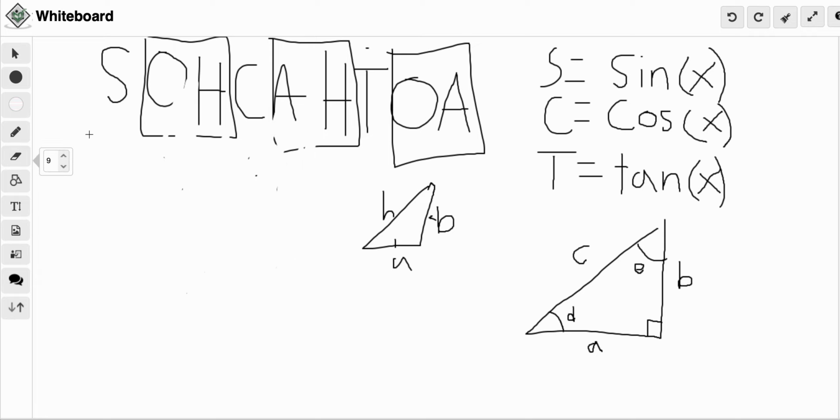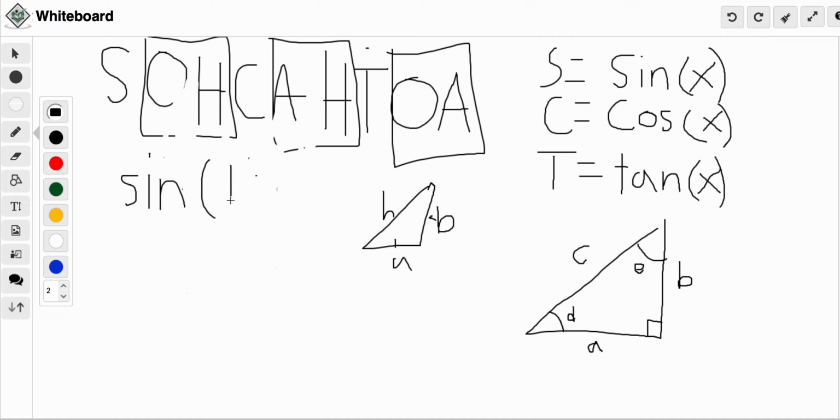Okay, so now let's look at what it means if I take the sine of angle D. Oh yes, and the input that we are giving to each of these trigonometric functions, such as sine, cosine, tangent, and other functions that you will learn in a separate video, has to be either a degree or a radian.